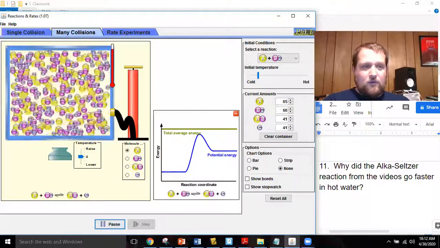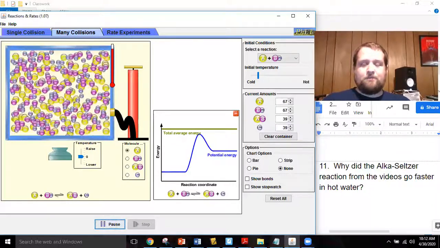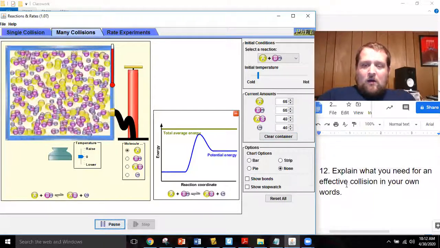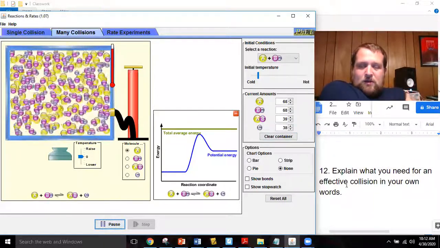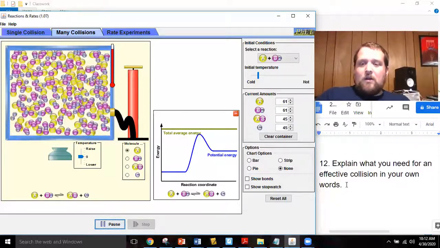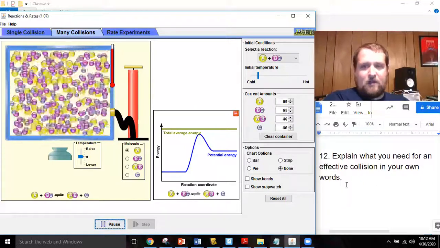And I want you to use the understanding you've developed from this simulation. 12, and I think this is the last question. Explain what you need for an effective collision in your own words.